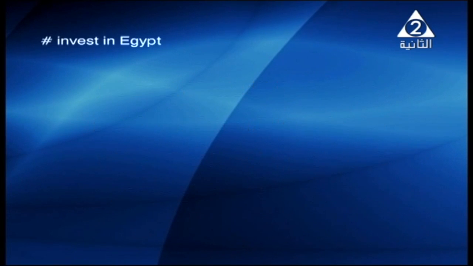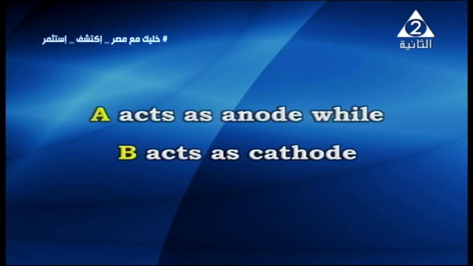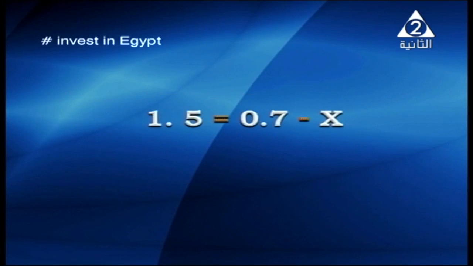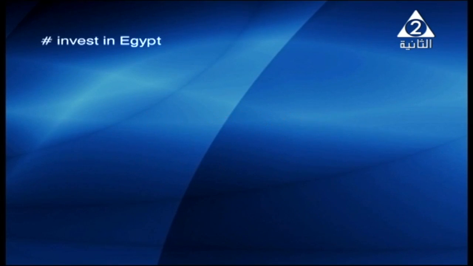The answer: element A is more active than element B, so the value of the standard oxidation potential of A is higher than that of B. So A acts as anode while B acts as cathode. So the EMF equals the reduction potential of cathode B minus the reduction potential of anode A. So 1.5 equals 0.7 minus X. So X equals negative 0.8 volt.